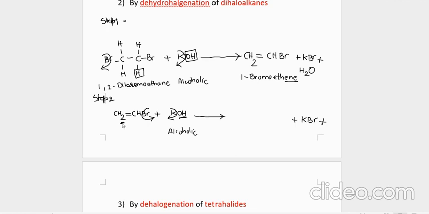One of the hydrogen will be removed. So what is remaining? You have CH triple bond CH. Okay, as we have removed one molecule of water. So this is our final product, that is ethyne, that is acetylene.